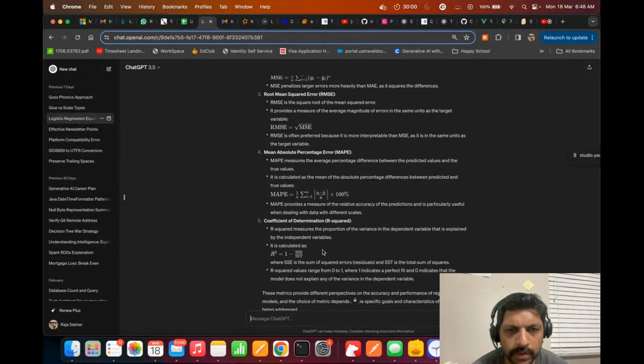Coefficient of determination, R squared. R squared, this is important. R squared measures the proportion of variance in the dependent variable that is explained.